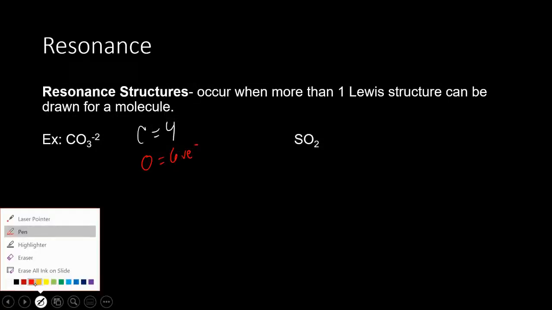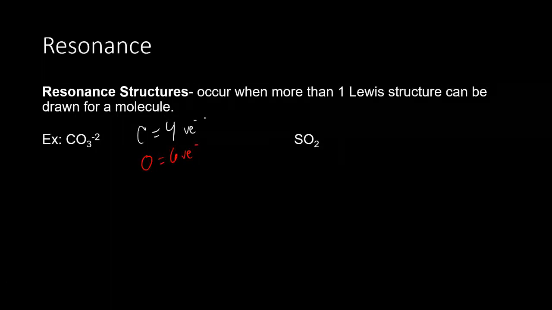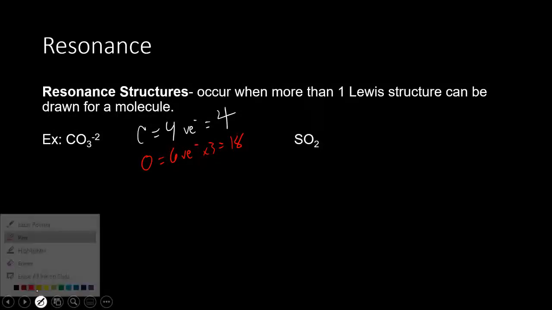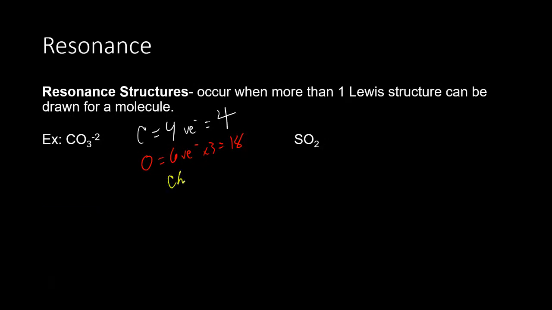There's only 1 carbon, so that's 4 valence electrons. There's 3 oxygens, so that's 18. And then our charge is -2, so that's 2 more electrons. Our total in the bank becomes 24 electrons.